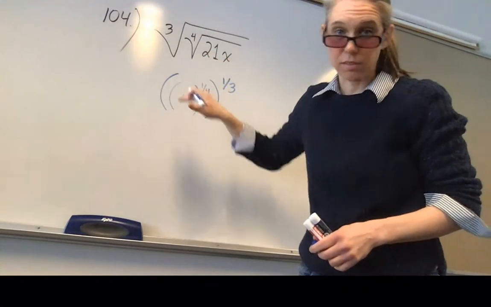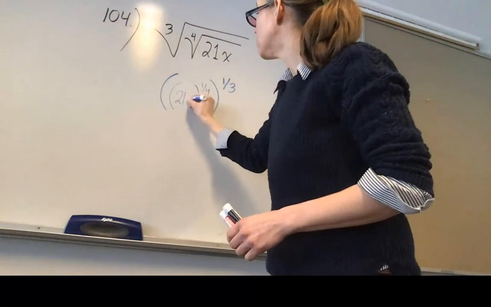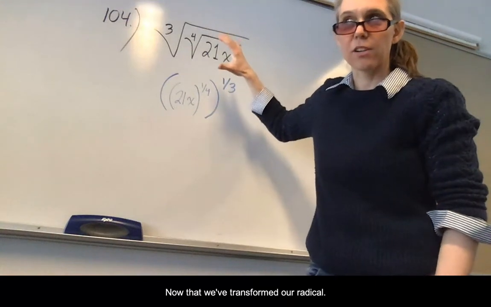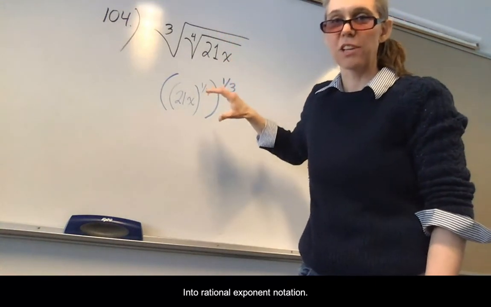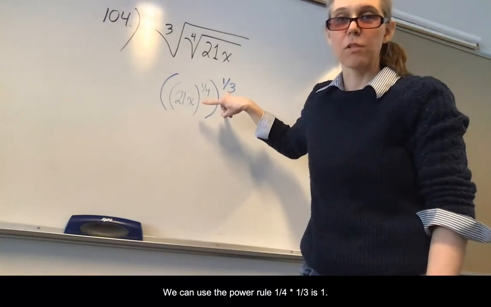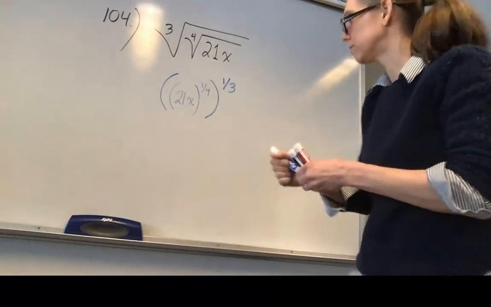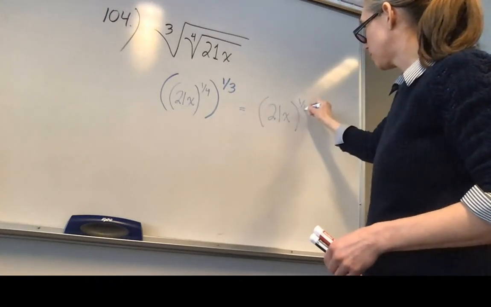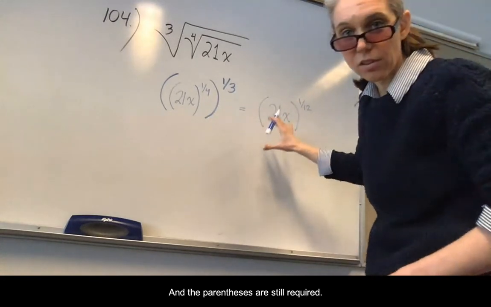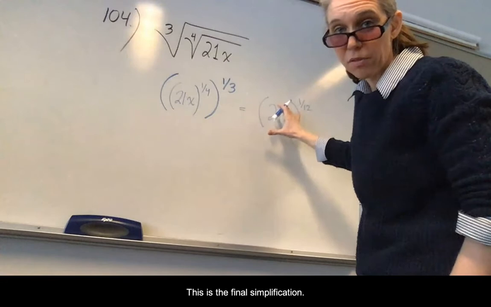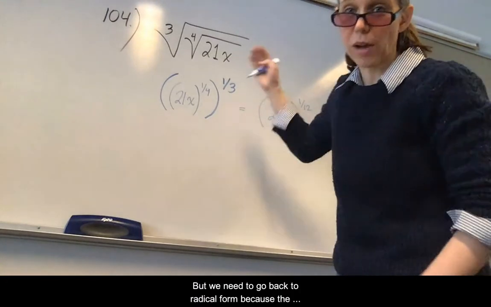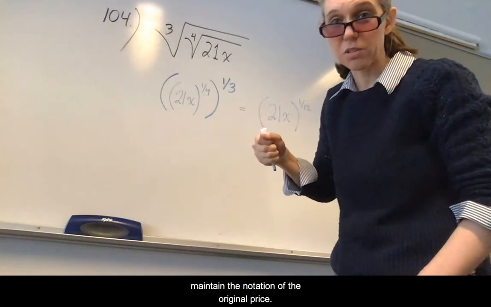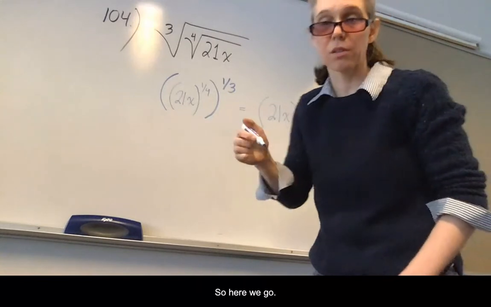We need to have these parentheses. Okay, now that we've transformed our radical into rational exponent notation, we can use the power rule. 1/4 times 1/3 is 1/12. And the parentheses are still required. This is the final simplification, but we need to go back to radical form because the original problem was written in radical form, so we want to maintain the notation of the original problem. So here we go.